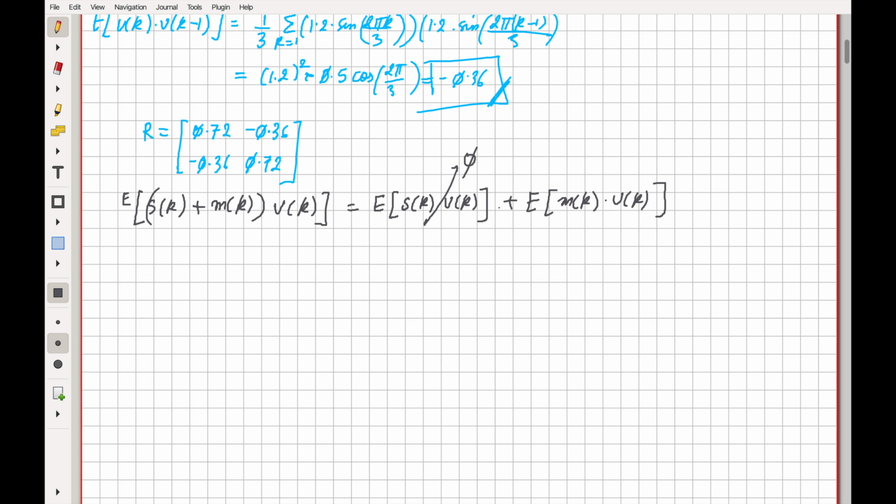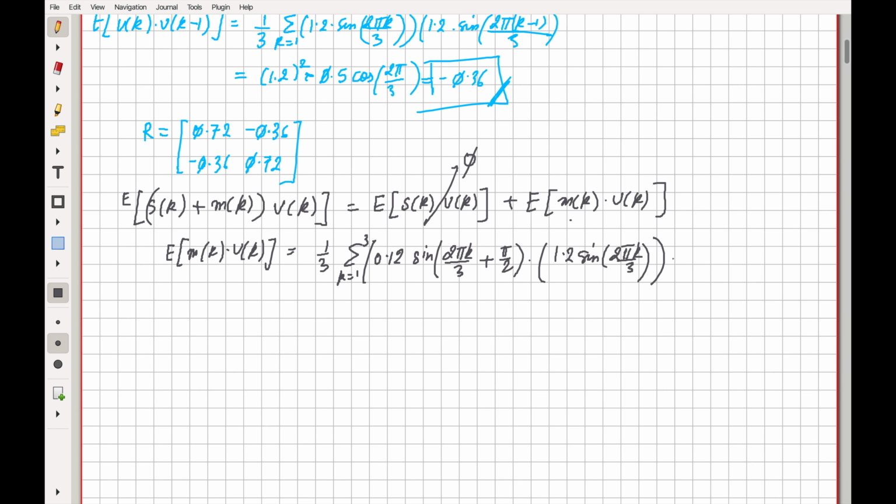And the second term, if we try to expand it, that also goes to 0. So mk vk is equal to 1 by 3 sigma k equals 1 to 3 of 0.12 sine(2 pi k by 3 plus pi by 2) into 1.2 sine(2 pi k by 3).